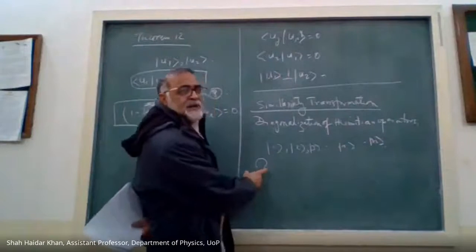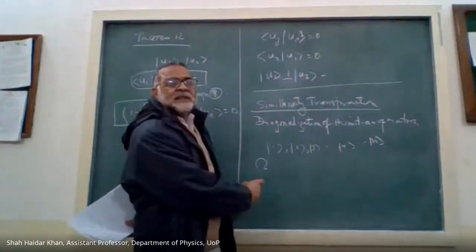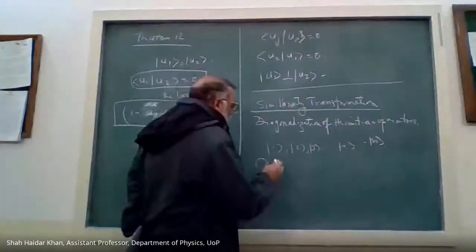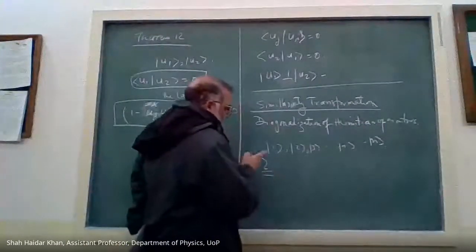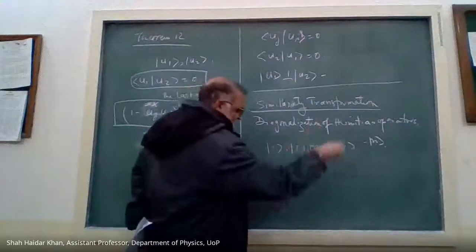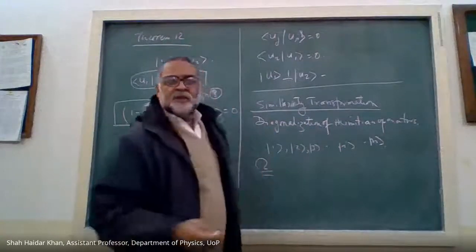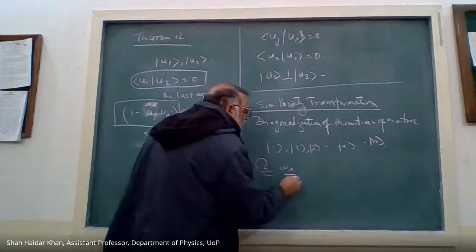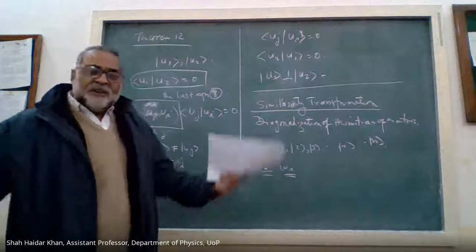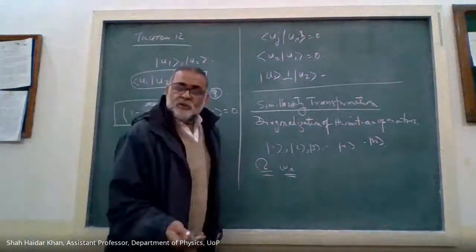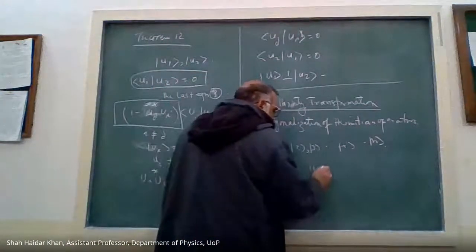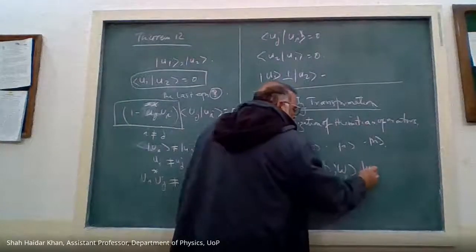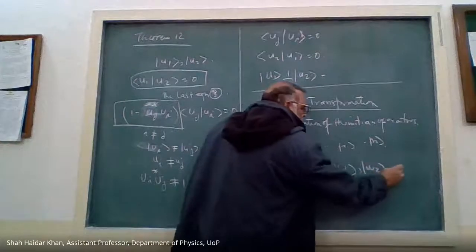We can write this matrix in the form of its diagonal. Suppose this is a matrix and this is some basis. This is an operator. It will have omega i's as eigenvalues, and it will have eigenvectors omega 1, omega 2, omega 3, and so on.